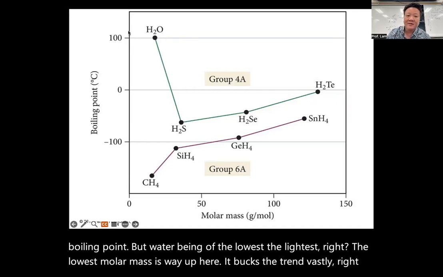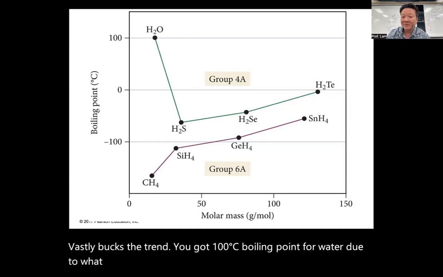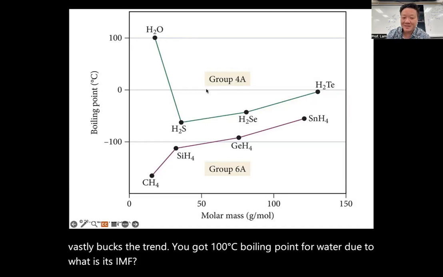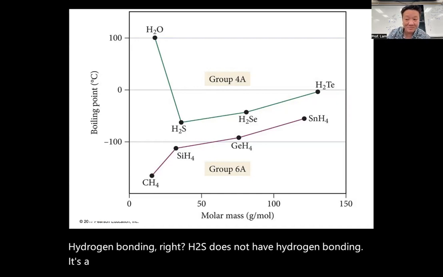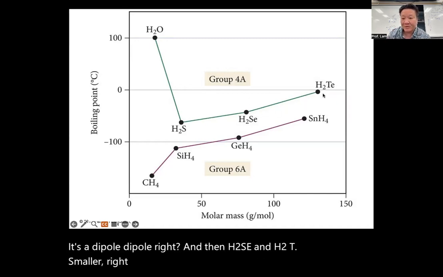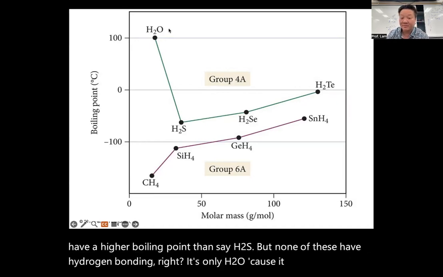You got a 100 degrees Celsius boiling point for water due to what? What is its IMF? Hydrogen bonding, right? H2S does not have hydrogen bonding. It's a dipole, right? And then H2Se and H2Te, H2S is smaller, and they're dipoles as well, but bigger. So they do have a higher boiling point than, say, H2S. But none of these have hydrogen bonding, right? It's only H2O because it has the OH bond.